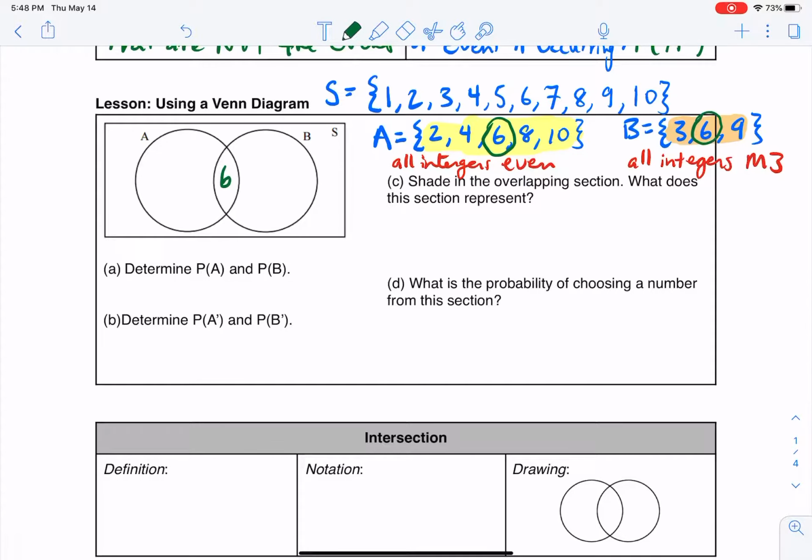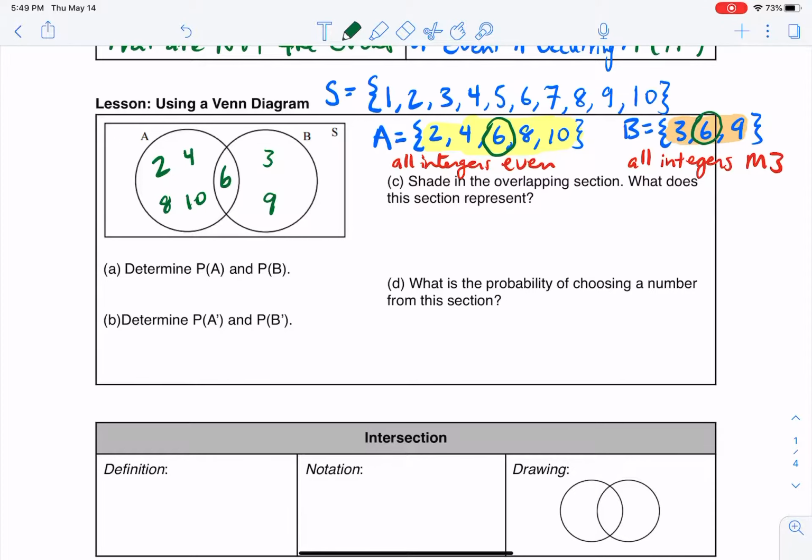For A, I'll include everything but 6 because we've already included it in the middle of our Venn diagram. So that would be 2, 4, 8, and 10. For set B, I'll include 3 and 9. Now notice A and B share 6, so that's why it's in the intersection of those two circles.